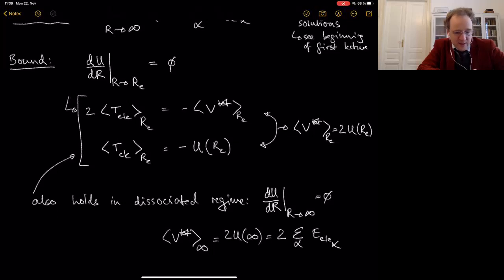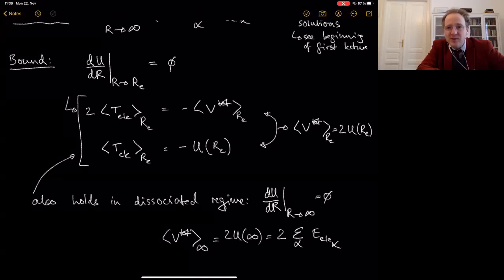Okay, so this tells us something. These two regimes are very interesting, right? Because they consider the extreme of being as strongly bound as possible and being as weakly bound as possible, namely not at all. So it doesn't get better than this.